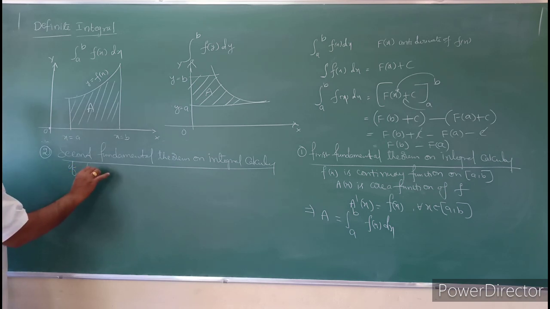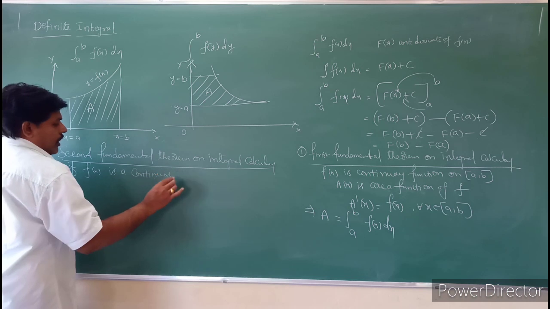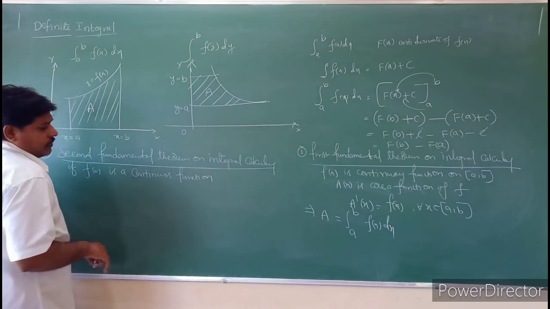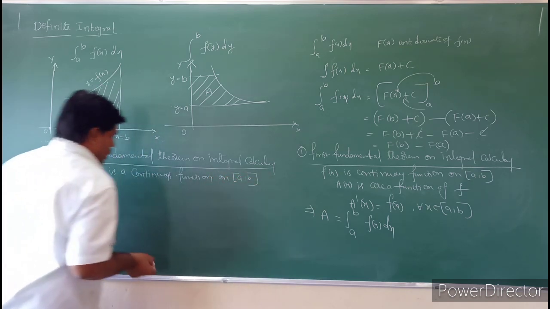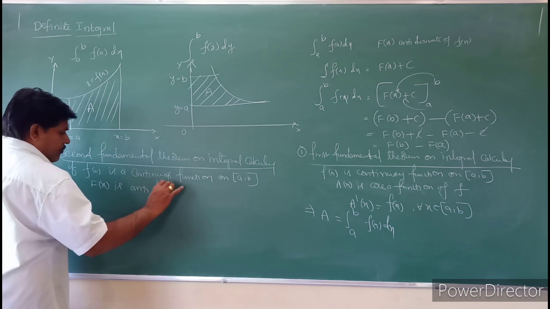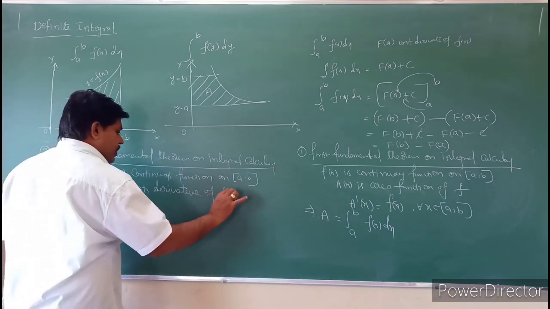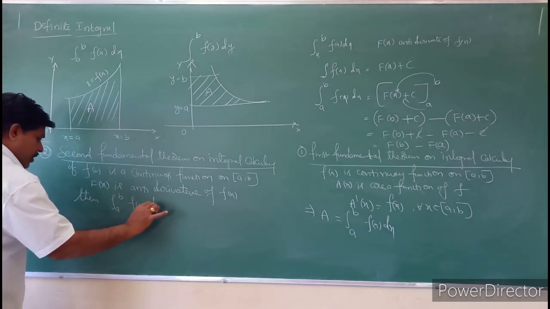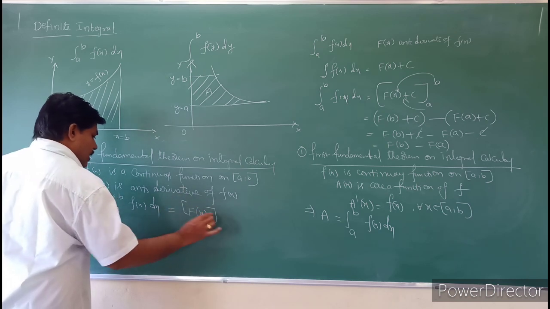If f of x is a continuous function on the closed interval [a, b] and F of x is the antiderivative of f of x, then the integral from a to b of f of x dx can be written as F of x over the limits a to b.